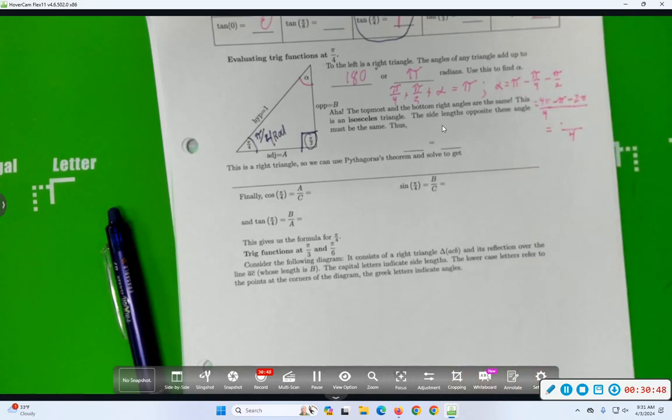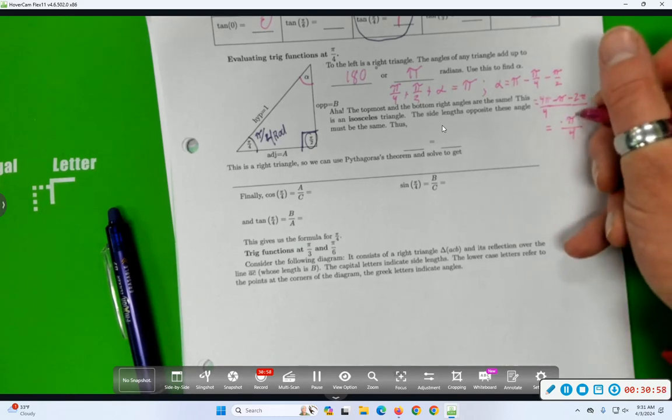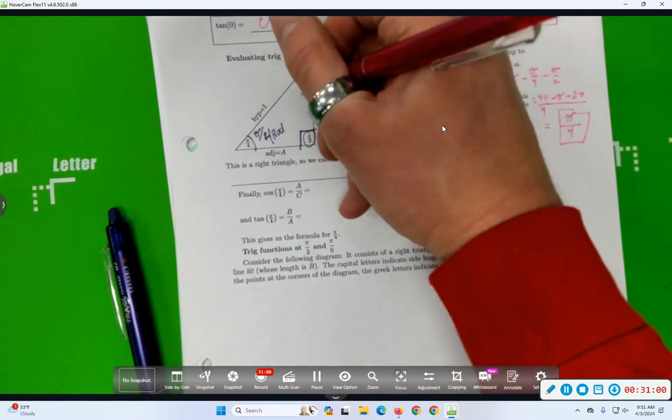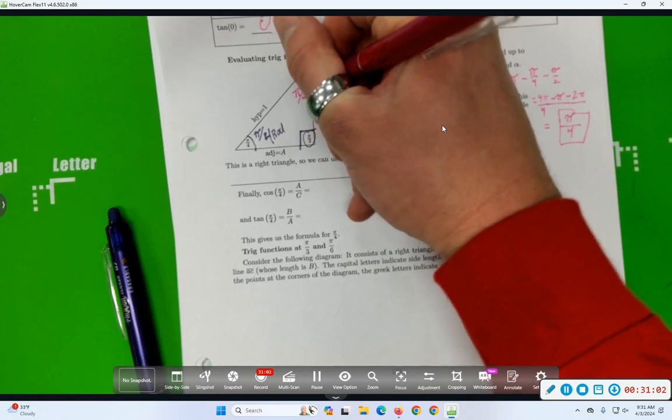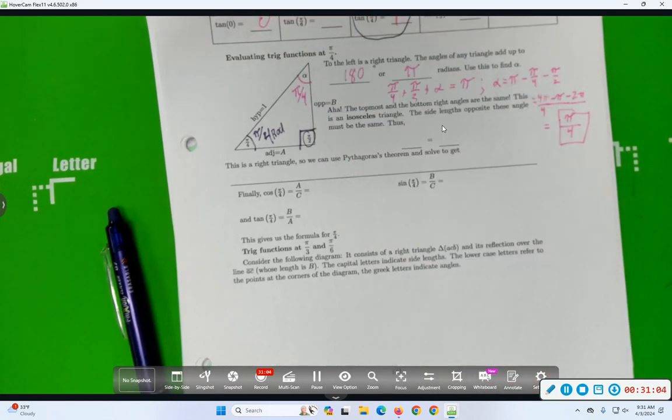And what do you get in that numerator when you do that subtraction? Pi. Just pi. Nice. So alpha winds up being pi over 4. All right, people feel okay at that step?